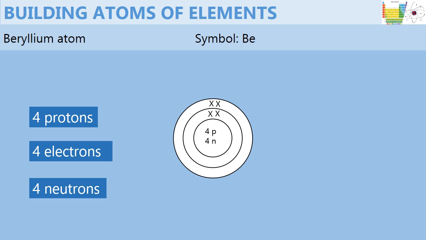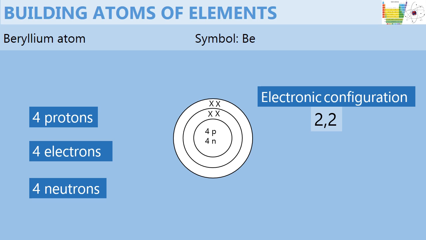As you can see, the first energy level only contains a maximum of 2 electrons, and the other 2 electrons are contained in the second energy level. The electron configuration is therefore 2, 2, which we just say 2 is to 2.